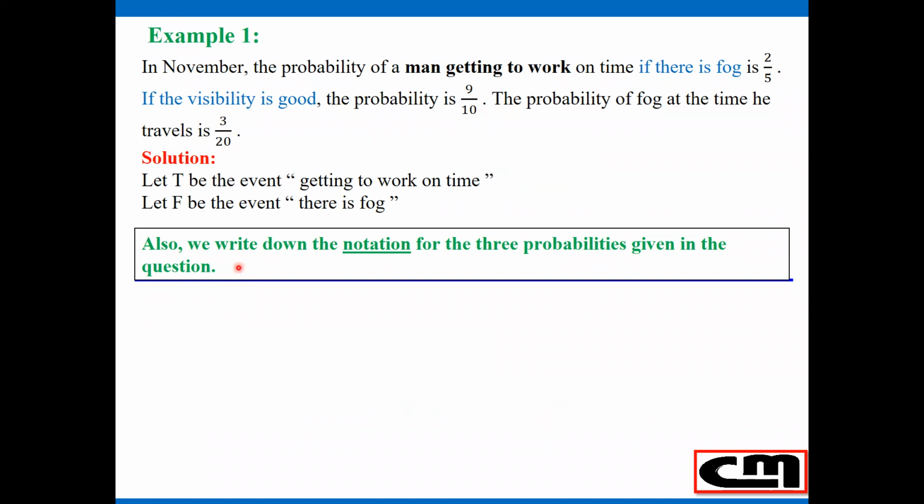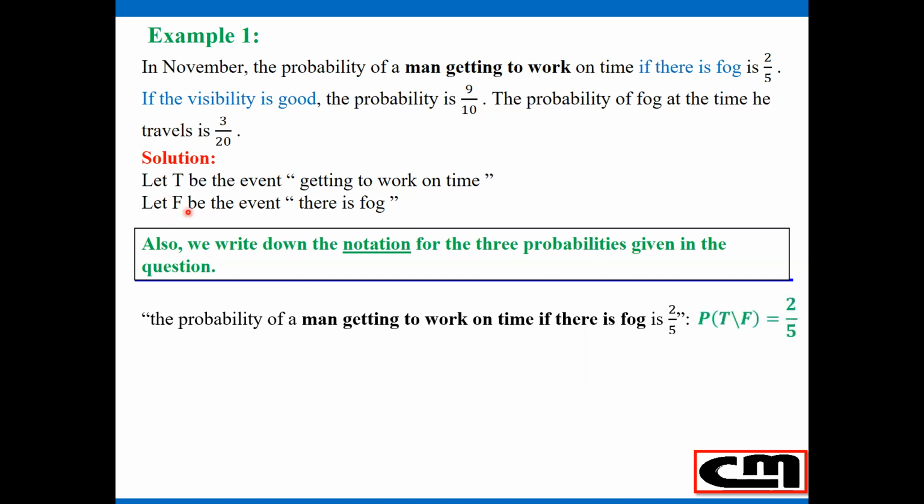So as such, let's start with the probability of a man getting to work on time if there is fog is 2/5. So we should now write this in symbolic form using our variables that we have already defined, right? So this is the probability of T given that F has already occurred is equal to 2/5. So in symbols, this is what it means.